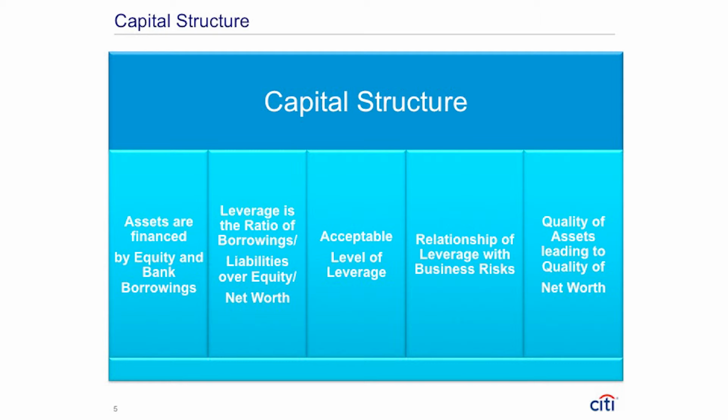And then we also look at the quality of asset. It doesn't always mean that asset minus liability is your net worth. It's correct assuming your asset value is always there. But very often when we look at asset value, sometimes we also look at intangible asset.